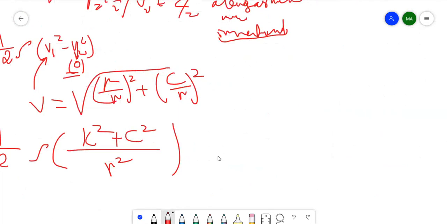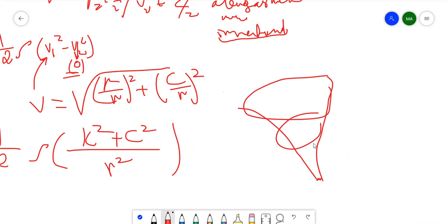Just to let you know, this problem is a model of a tornado. So if we have a tornado that is whirling or swirling like this, this is the center, or the eye of the tornado, and these are the velocities, the U r and the U theta.